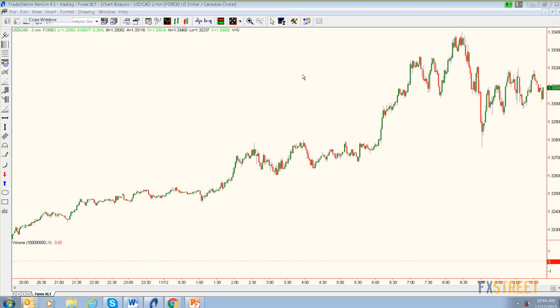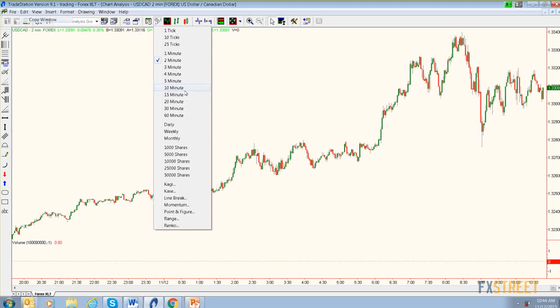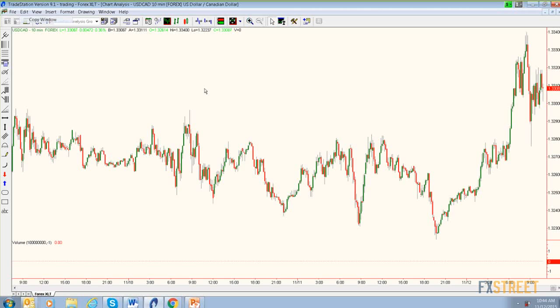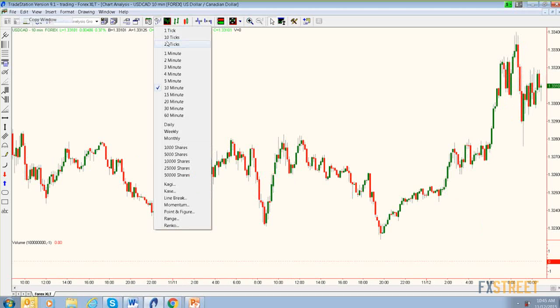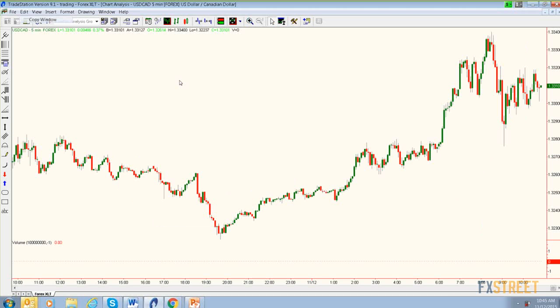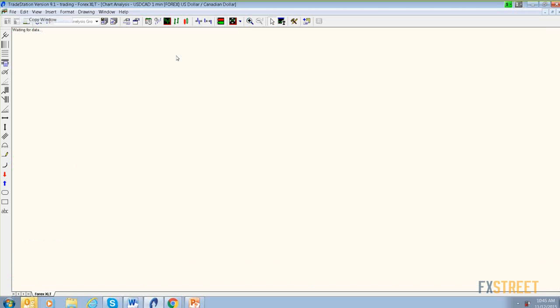So if we come down to our pretty small time frames here, well, that's a pretty big range there.